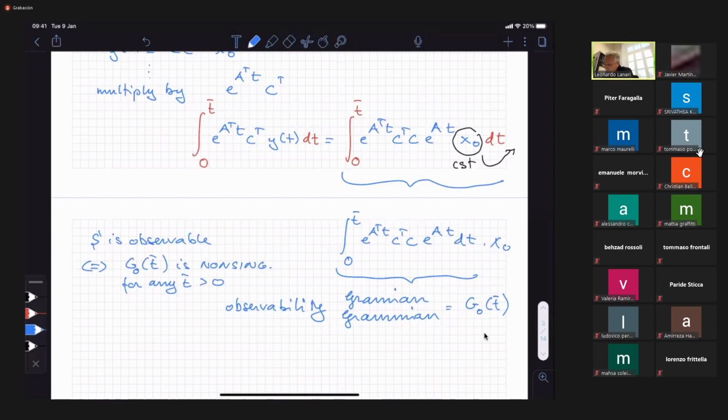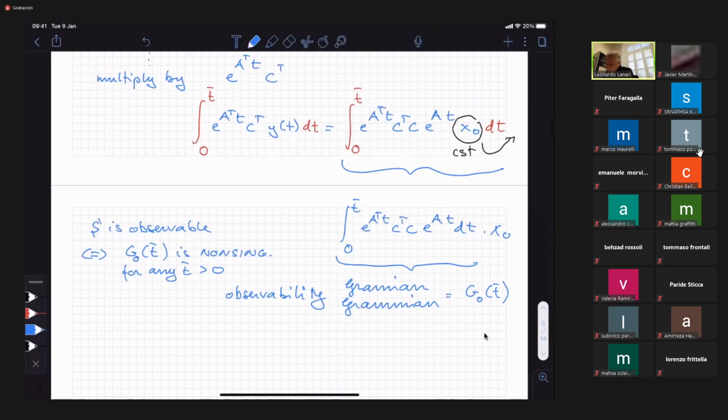So what we have here is a first integral which depends on the output. We have a Gramian matrix and the initial condition, and this Gramian matrix is invertible. So you see that we could rewrite this as the inverse of the Gramian times this integral here.